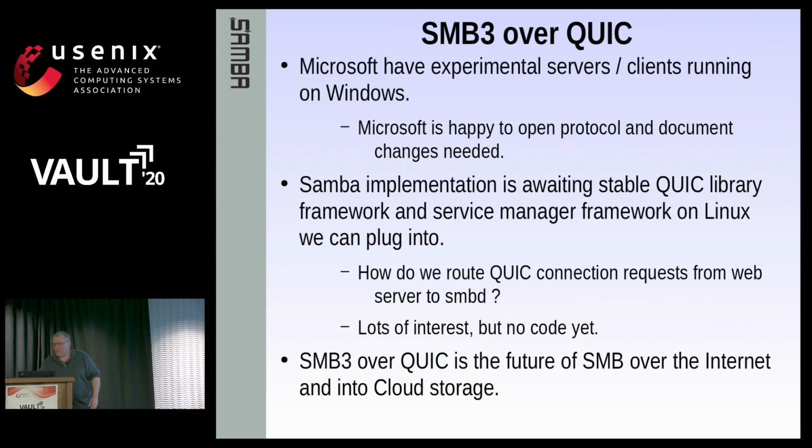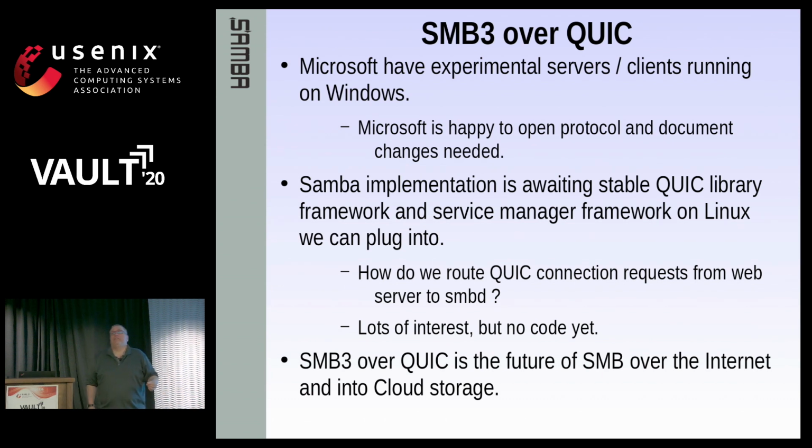So here is speculative stuff. I'm sort of talking about Steve's company here, and they've talked about this publicly, so I'm not revealing anything. They have experimental servers and clients running over Google QUIC protocol. Why would you do that, is the question.